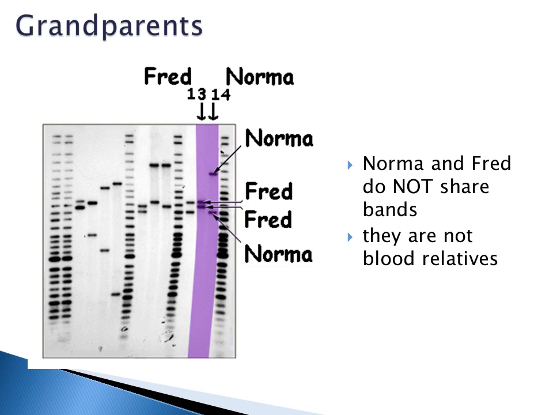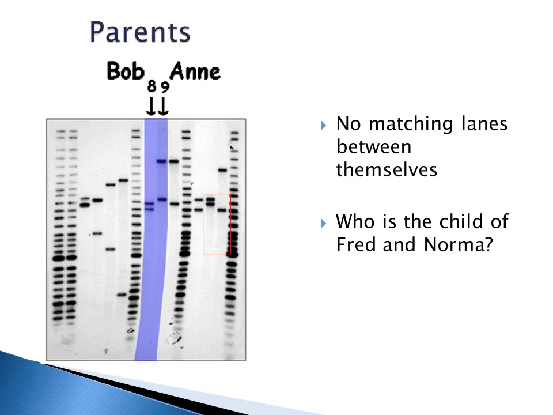So you can use your Southern blotting and use your probes to determine a DNA fingerprint for 2 individuals. And in this case, it's Fred and Norma. Fred and Norma are not blood relatives. You could tell they do not have any matching bands.